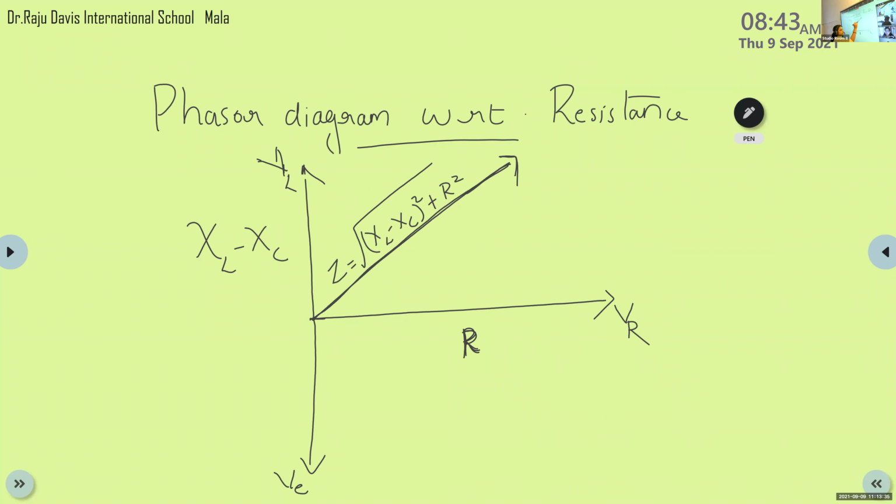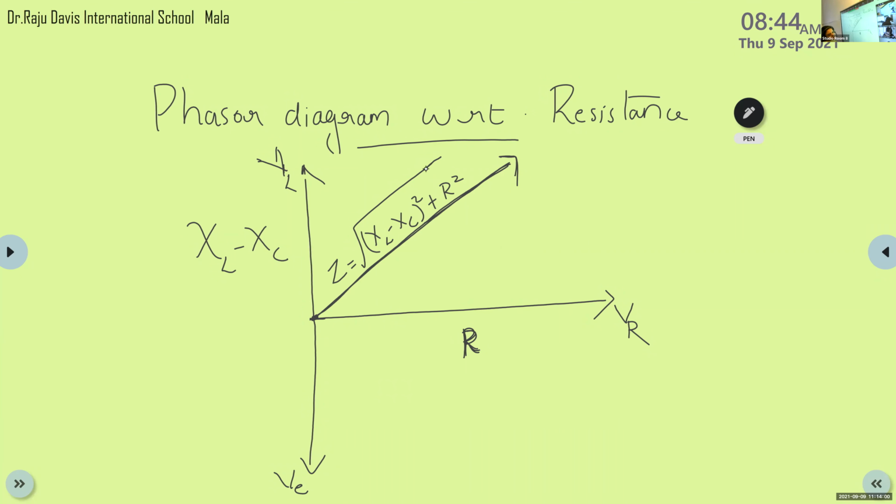According to the parallelogram law, the diagonal originating from the same point represents the resultant resistance offered by the LCR combination. That is what we call the impedance of the circuit. Z is equal to root of XL minus XC the whole square plus R square.